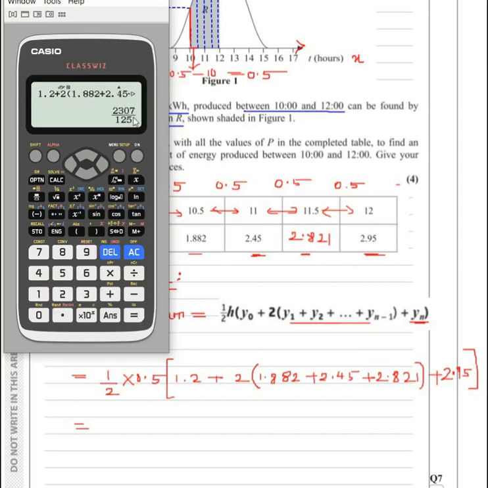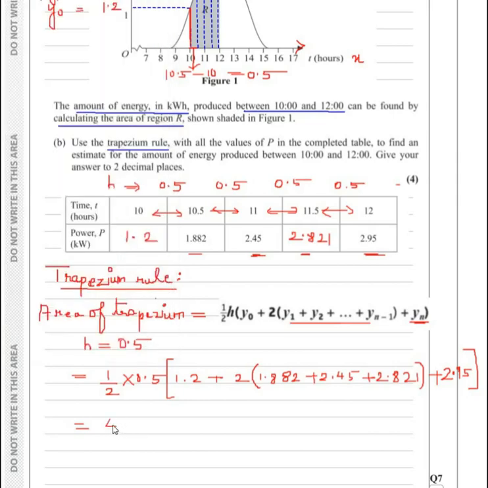So let us see how much we get. Now this entire answer I am going to multiply with 0.5, then I am going to divide it by 2. Let us see the decimals, how much we get. 4.614. So we write it as 4.614. So this is what we get as the area of the trapezium.